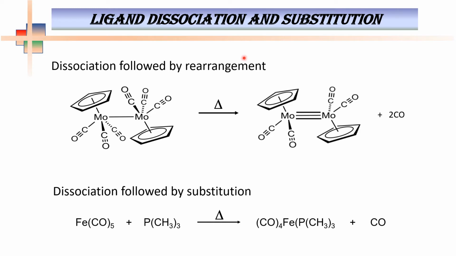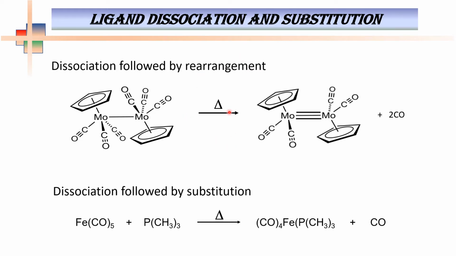The dissociation and substitution in organometallic complexes are very similar to the reaction mechanisms we have studied for coordination chemistry. One or more ligands can be dissociated and the incoming ligand can be substituted at the dissociated position.